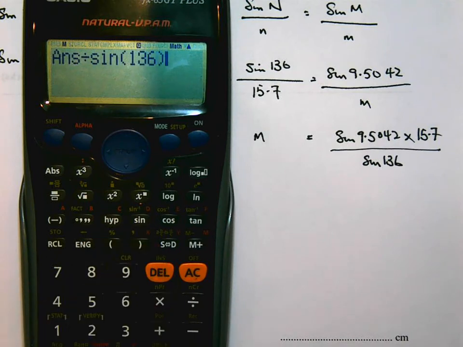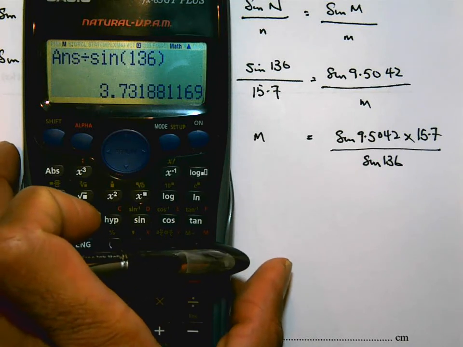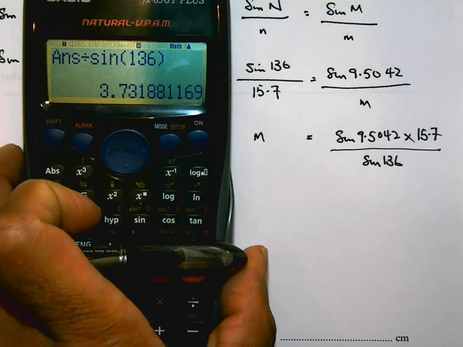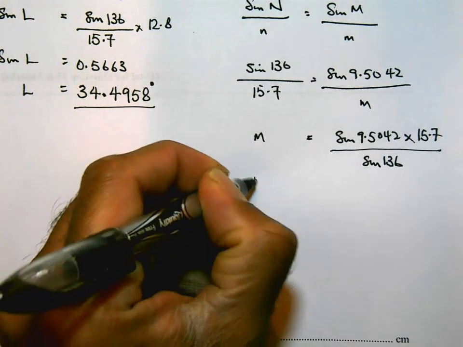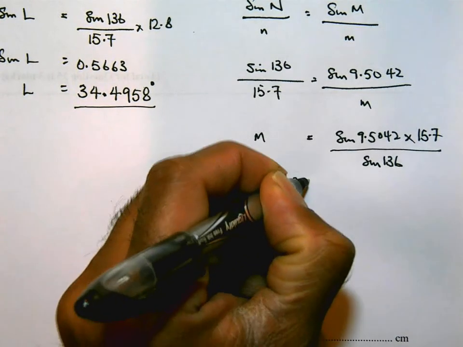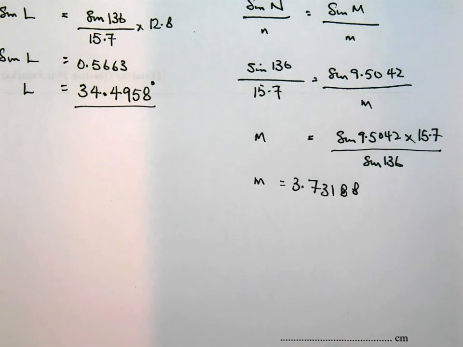and this is my final answer. The length of LN is 3.73188. Now, this question did say to give your answer to 3 significant figures.